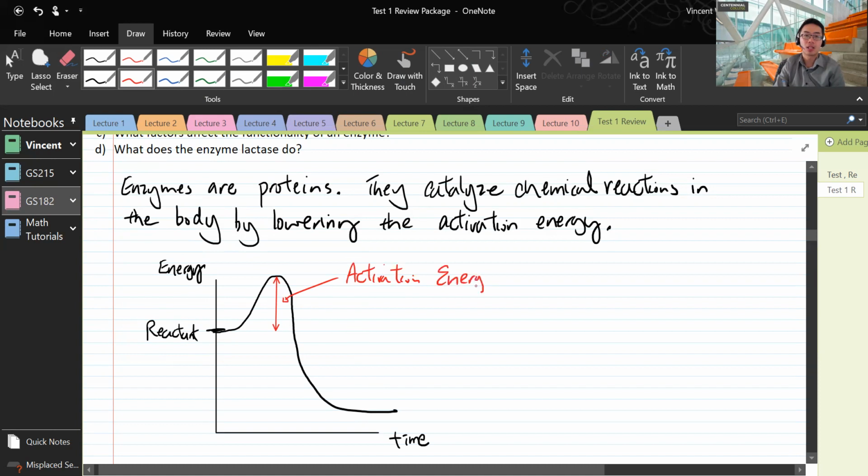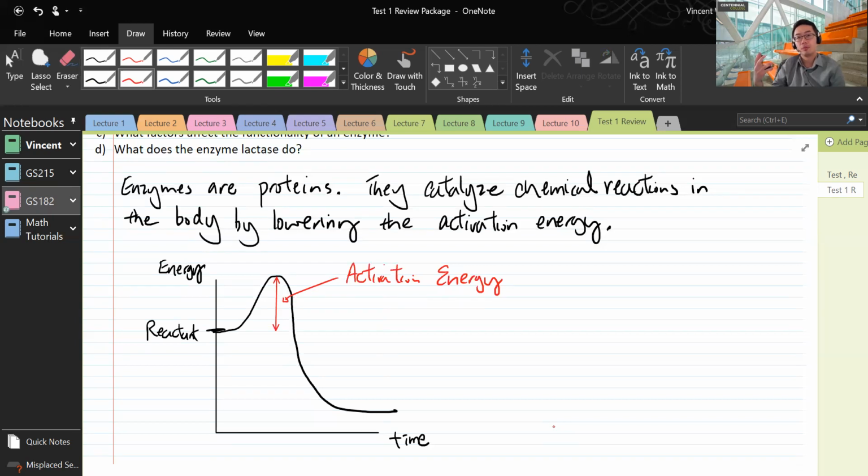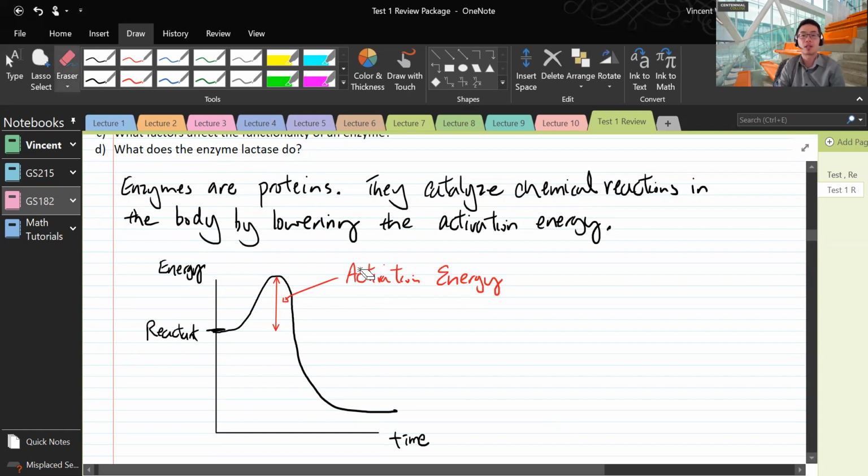Remember in glycolysis that we learned before the break, in order to make the glucose reactive, you must first invest 2 ATP, right? It takes some initial investment before you can yield more ATPs in the end. So that concept is similar to what we're talking about here. You must supply some energy to make the reactants a little bit unstable before it's going to react.